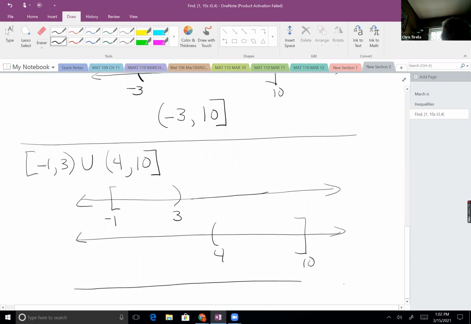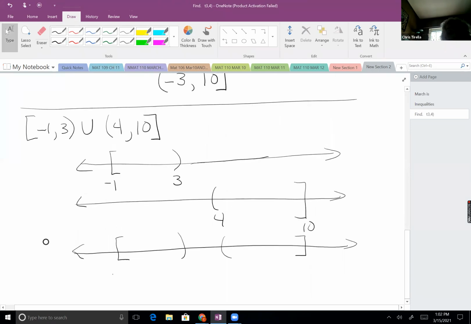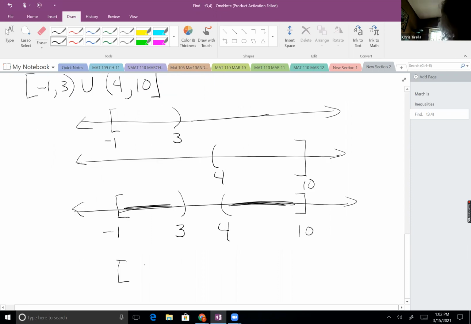They have no overlap, they have no intersection. But when I take the union, I want to take everything from both. So I'll take -1 to 3, 4 to 10. And when I put them together, because they don't have any overlap, I'm going to just have to leave that as -1 to 3, union 4 to 10.